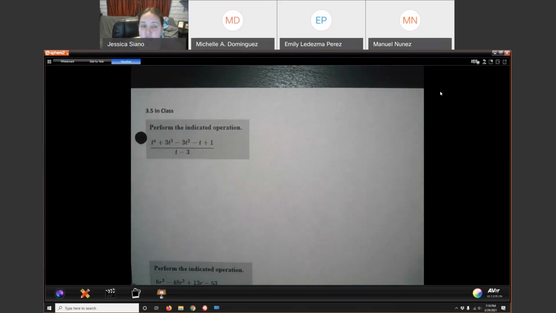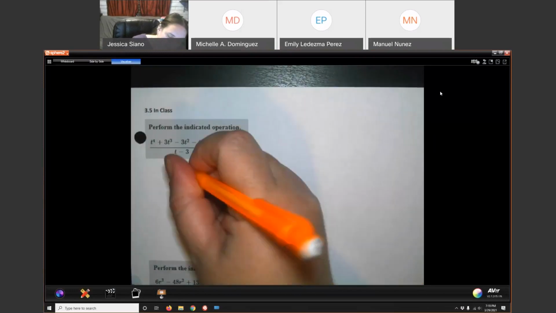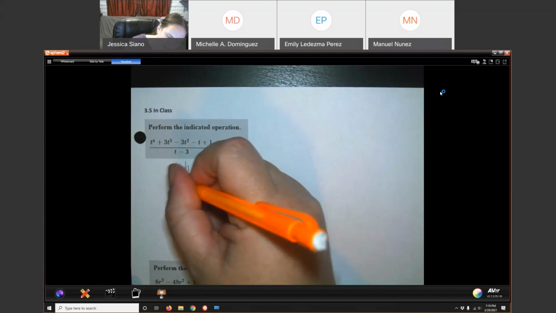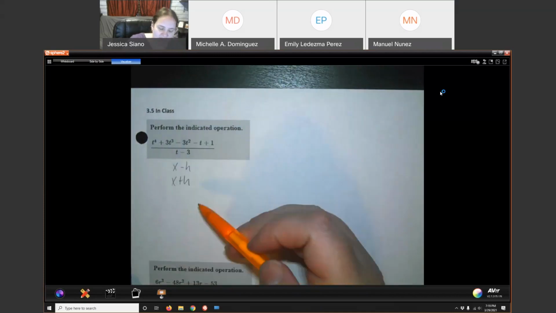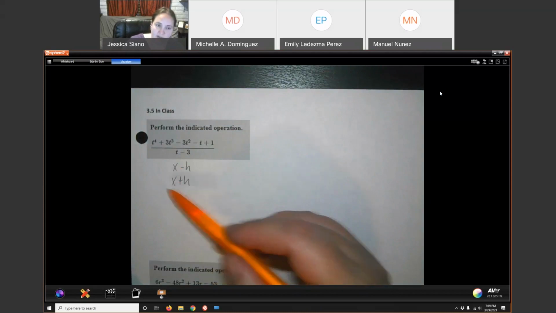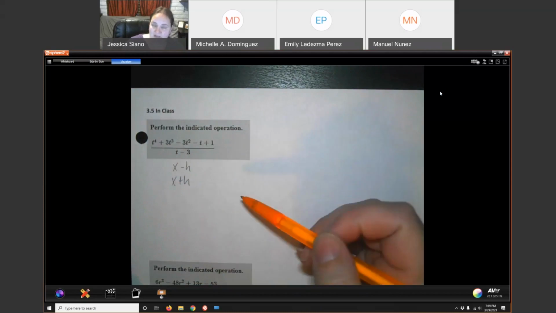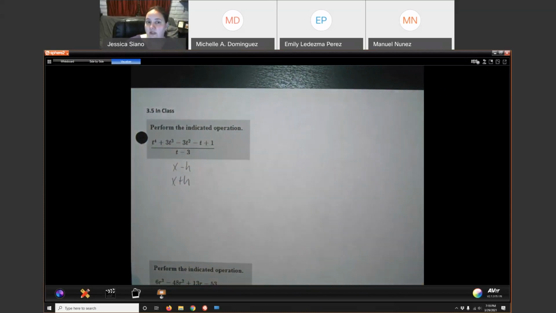Now, we can only use synthetic division if our denominator is linear, and it has to be in the form of either x minus h or x plus h. If it has a coefficient in front of the x, no good. So if your denominator looks like this, then you can use synthetic division. So let's talk about synthetic division.